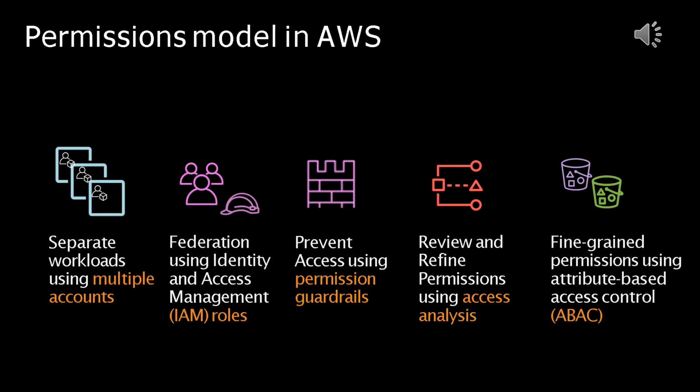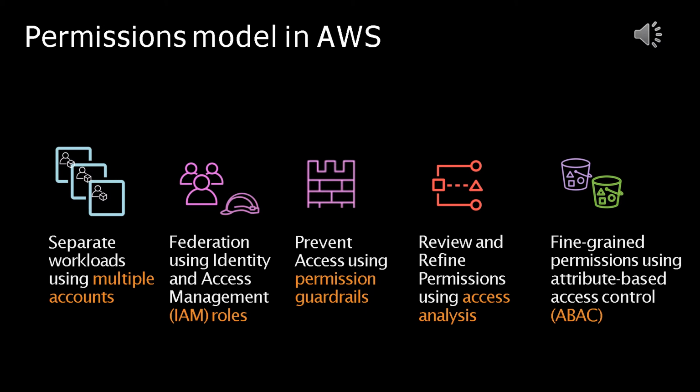The AWS permission model is made up of 5 parts, but today we're going to be focusing on the last 3, but let's quickly go over all 5. First, we must separate all of our workloads using multiple accounts by utilizing AWS Organizations to be able to group and govern multiple accounts.